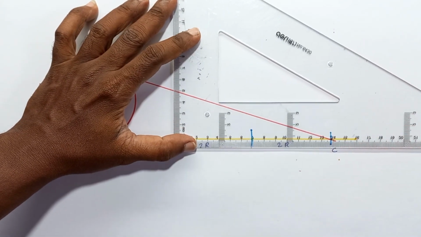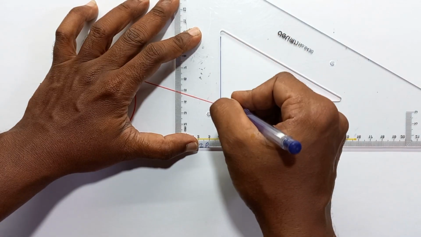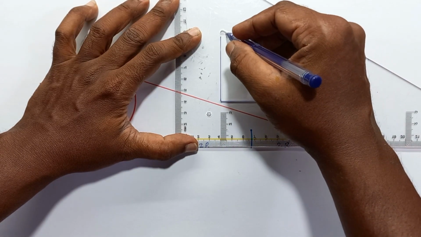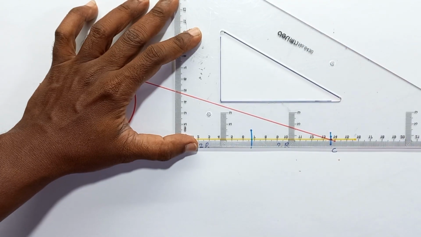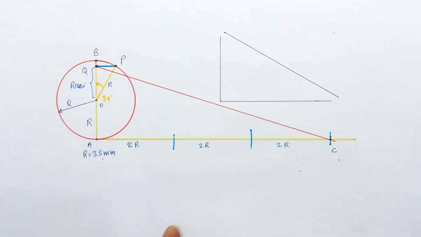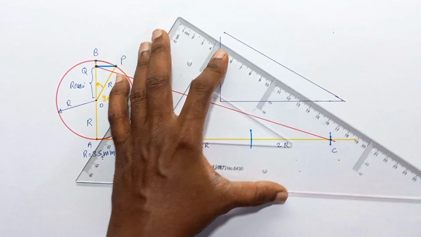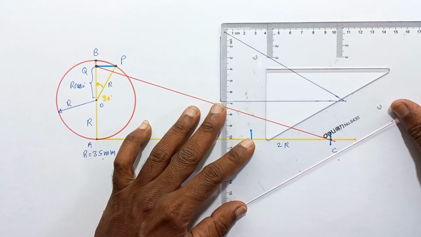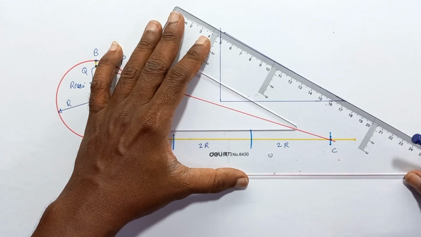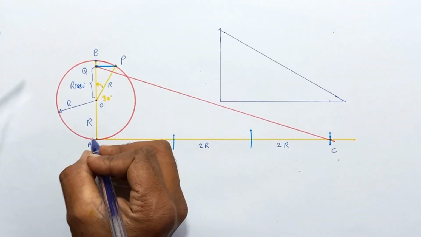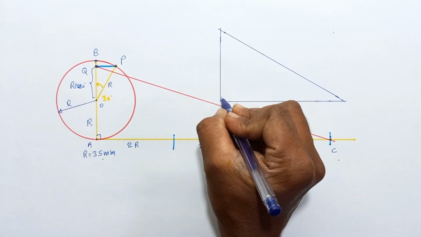Let's take this triangle separately. This triangle is a 90-degree triangle.